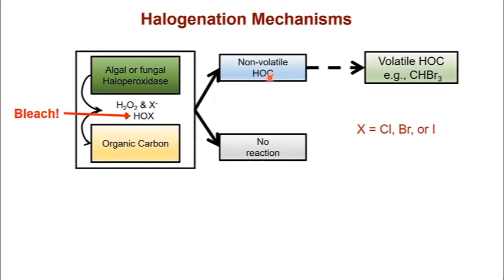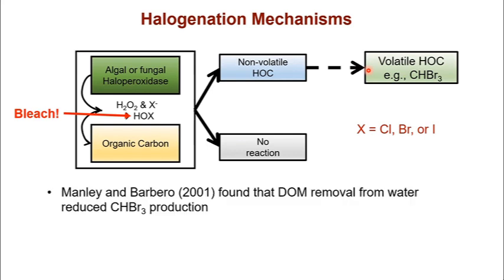And through repeated halogenation of the non-volatile HOC, the larger molecule may start to cleave off and release the volatile HOC, such as bromoform. So if we focus on this pathway, we start to understand that there is a connection with organic matter in the environment.